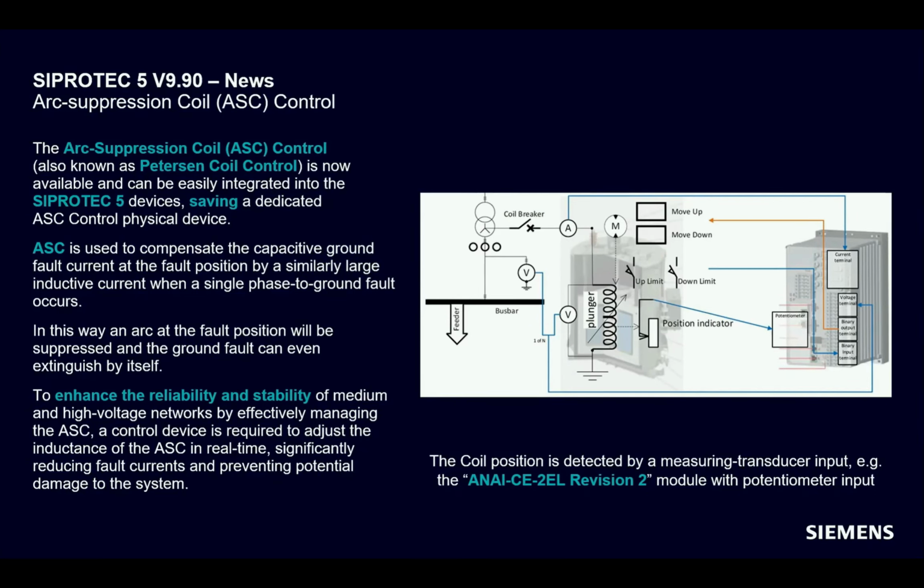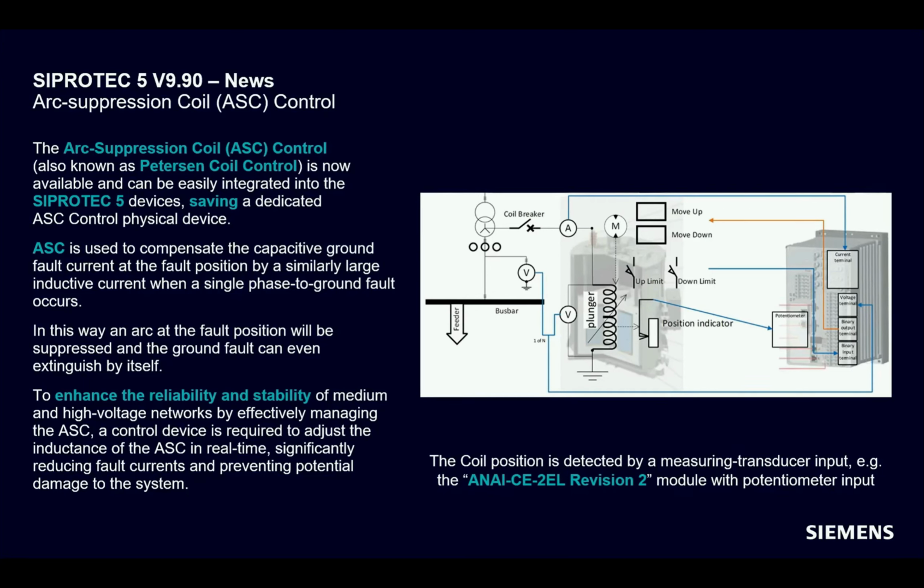Arc suppression coil is used to compensate the capacitive ground fault current by a similarly sized inductive current in case of single phase to ground faults. In this way, an arc at the fault position will be suppressed and the ground fault can even be extinguished by itself.